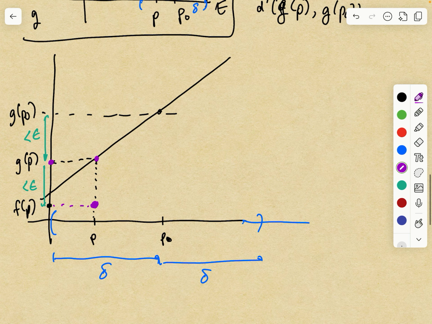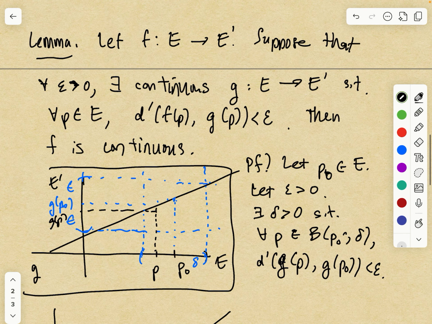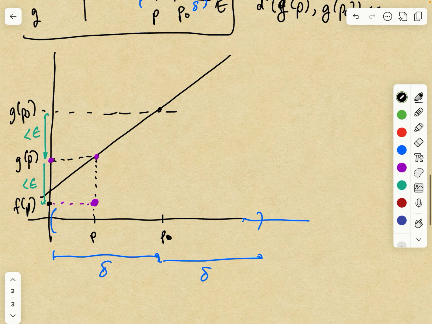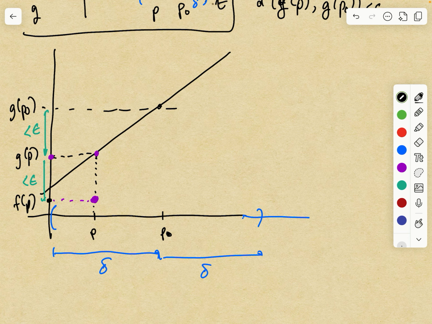And similarly, your g of p naught is up here, right? Your f of p naught, since g approximates f, that's the condition we're given. We're given this g such that for all p, the distance between f of p and g of p is less than epsilon. So we're applying that to this particular p here, and we're applying it to p naught.